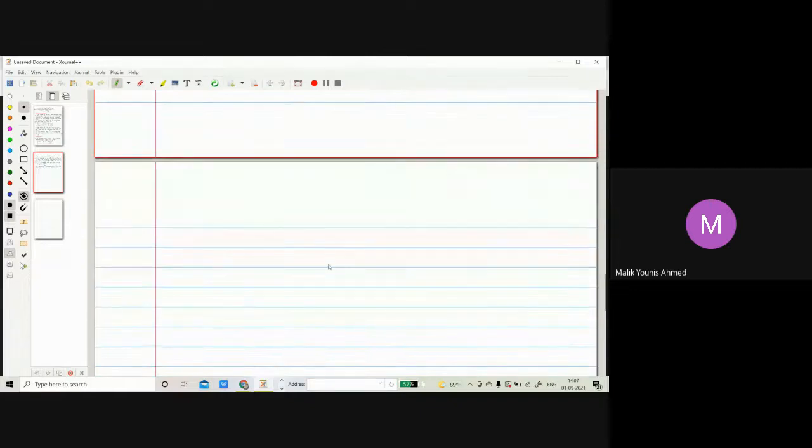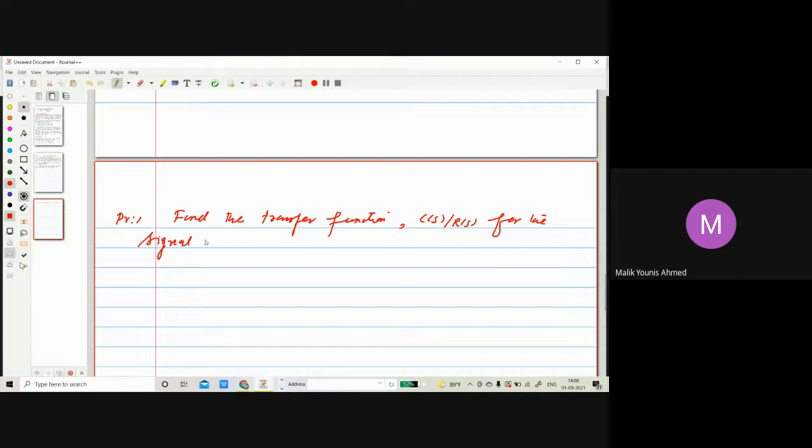The first numerical we are considering here is: find the transfer function C of s by R of s for the signal flow graph in figure. Let's see. The signal flow graph is like this.